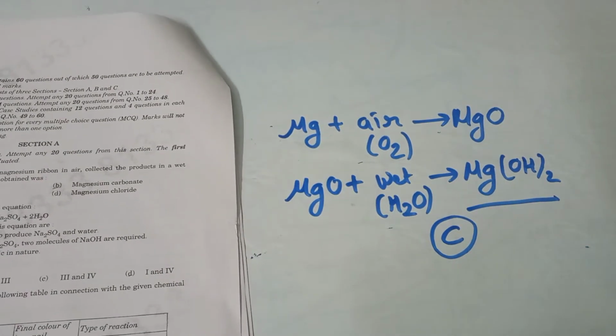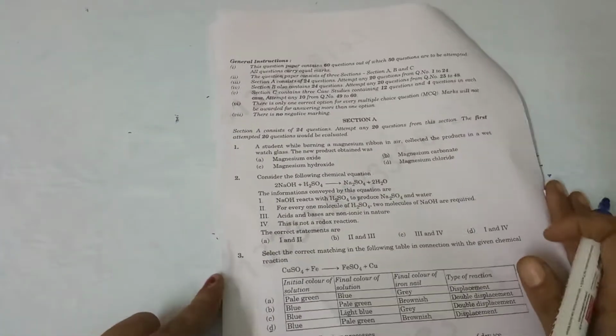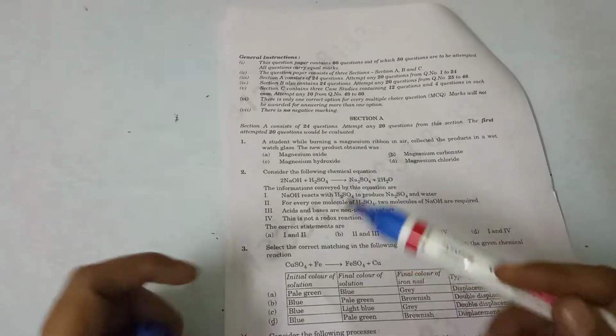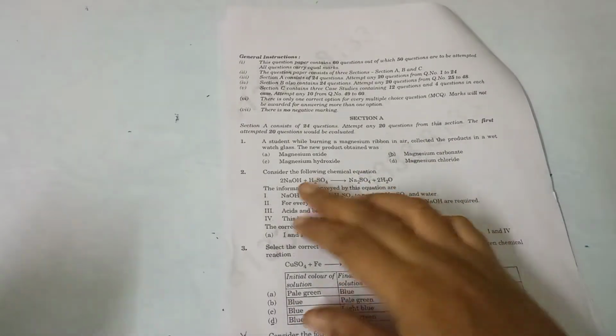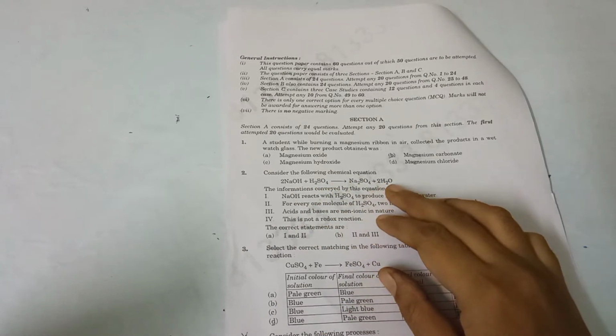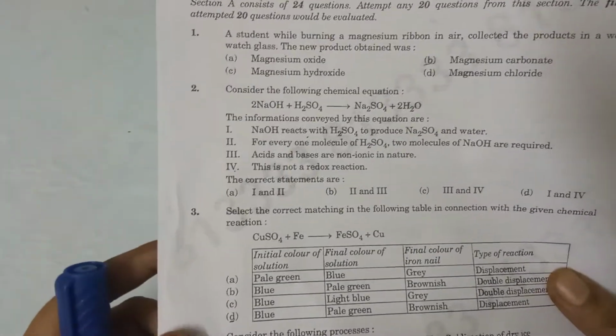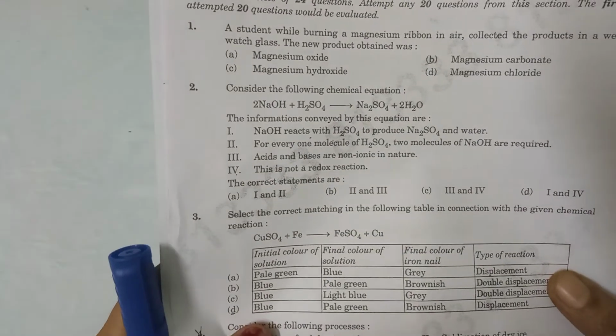In the second question, consider the following chemical reaction: 2NaOH + H2SO4 gives Na2SO4 + 2H2O. The information conveyed by this equation are: NaOH reacts with H2SO4 to produce Na2SO4 and water.